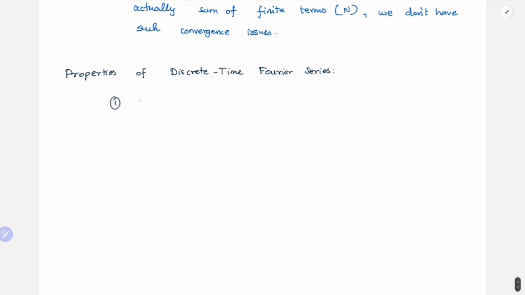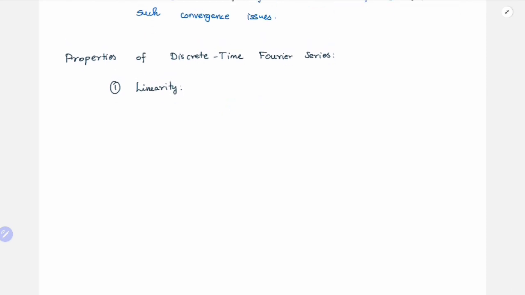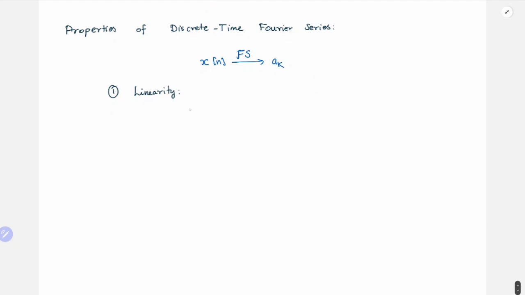Still, we'll go ahead. The first property is linearity. So for convenience, let me state the Fourier series relation like this: x of n gives a_k. Okay.